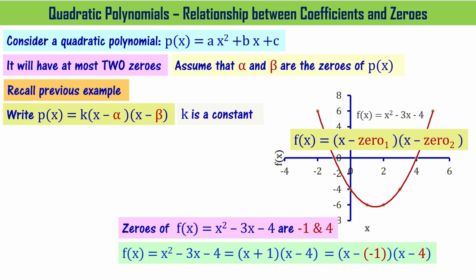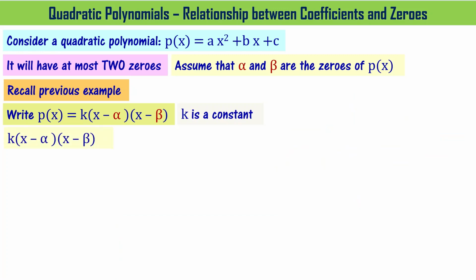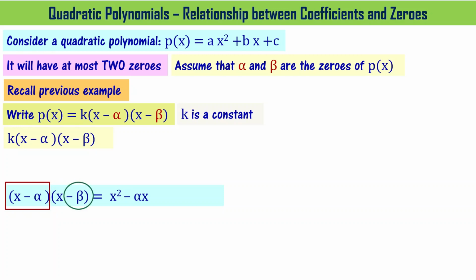Now let's multiply this. For doing that, first let me multiply x minus alpha with x minus beta. When you multiply x minus alpha with x, you get x square minus alpha x. And now you multiply x minus alpha with minus beta such that you get minus beta x plus alpha beta, right?